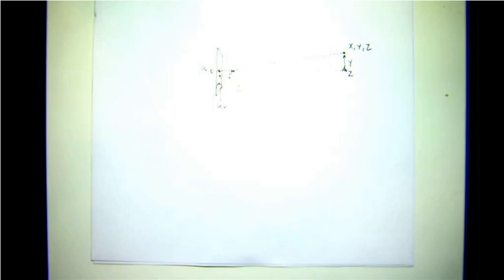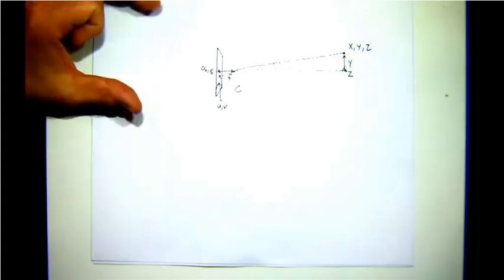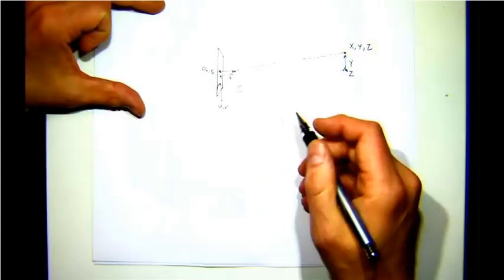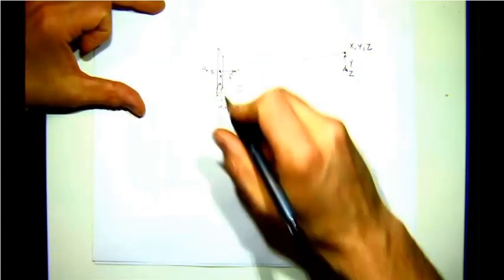So what we want to do is estimate the position u, v from the 3D coordinate given a focal length and the principal point. We can do that with similar triangles.